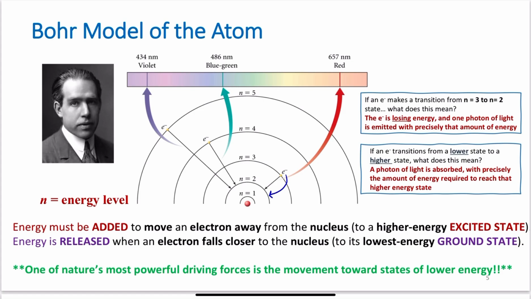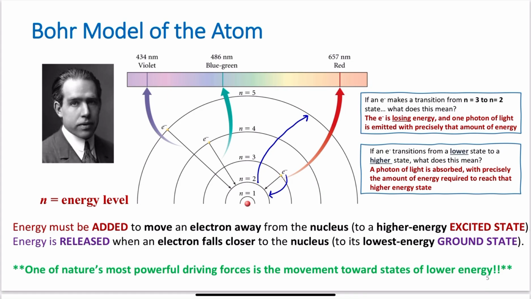If an electron transitions from a lower state to a higher state, what does this mean? If I go from, say, n equals 2 up to n equals 5, in order to do that, the electron has to gain energy within that range. And so a photon of light is absorbed with precisely the amount of energy required to reach the higher energy state. Energy must be added to move an electron away from the nucleus to a higher energy excited state.